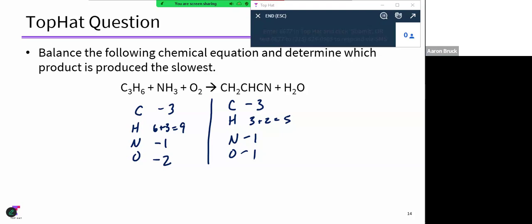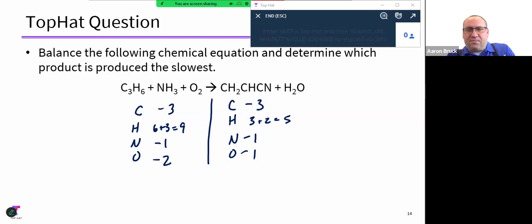If you are struggling with the balancing part of this, come to grips with the fact that the carbon and the nitrogen are already balanced in this form. The hydrogen and oxygen are not.